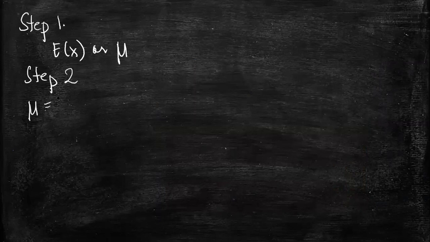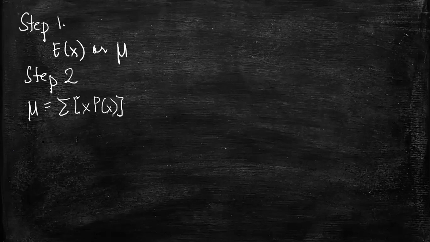Mu is equal to the summation of X times P of X. Okay, what are the given? Kapag ace card daw, ano yung mapapanalunan mo, class? 20 pesos. What is the probability na makakuha ka ng ace card?